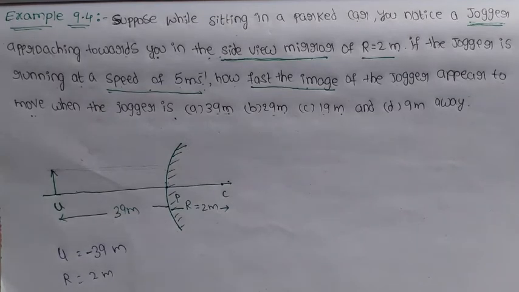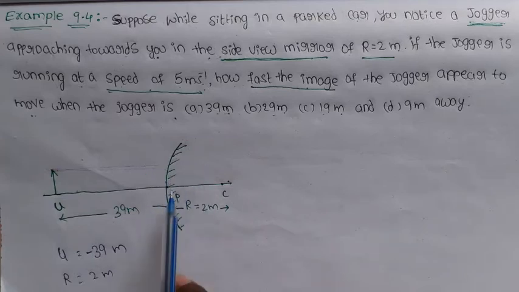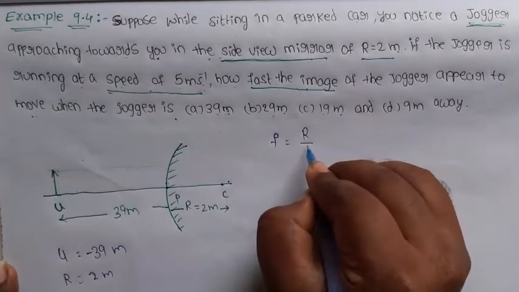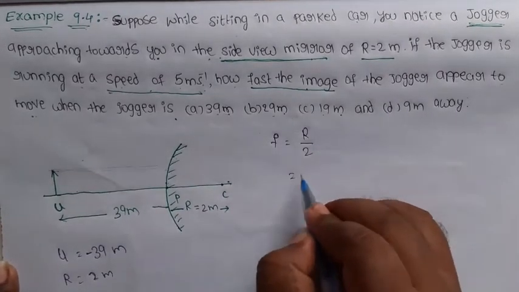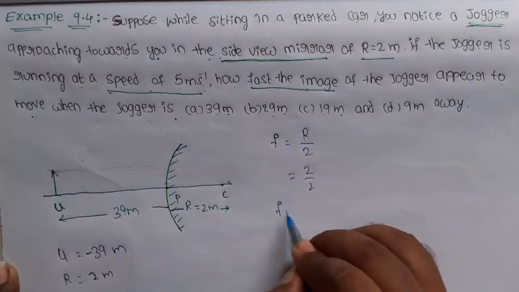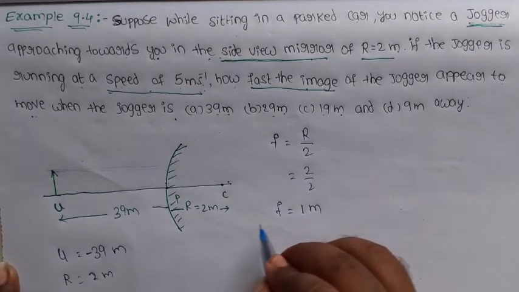Applying the sign conventions, incident rays travel in this direction and we are measuring in the same direction, so that is positive, R equal to 2 meter. I want the focal length value. Focal length f equal to radius of curvature by 2. Substitute R value, 2 by 2. So focal length f equal to 1 meter.